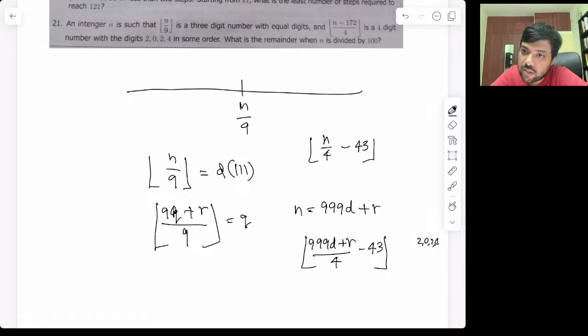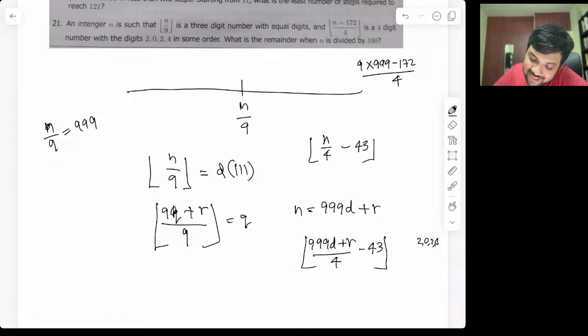So Maths 4372 says, sir, take floor n by 9 to be 999, it is satisfied. N by 9 to be 999, it satisfies it, is it? Let's see. So then n is 9 into 999 minus 172. This somehow works. This gives you 2024 in some order. Okay, that's a miracle. How much is 9 into 999?